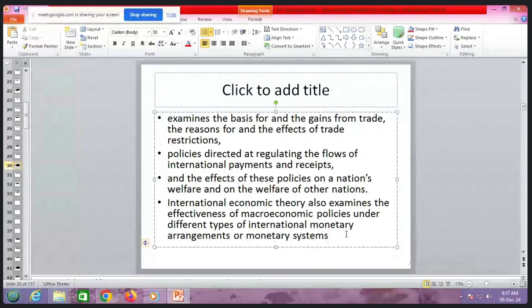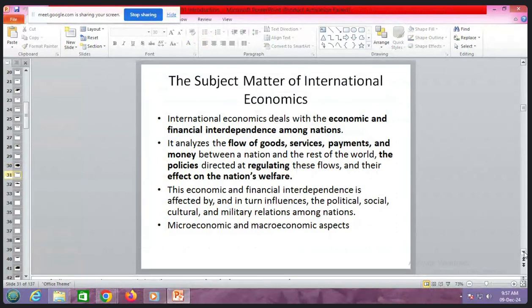So international economics uses both microeconomics and macroeconomics to a very large extent.